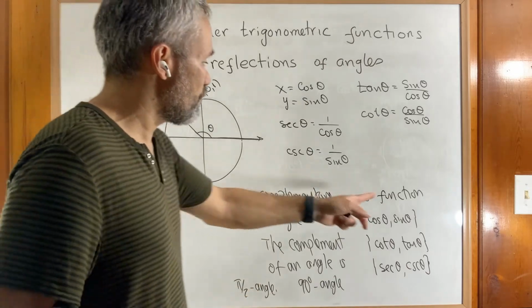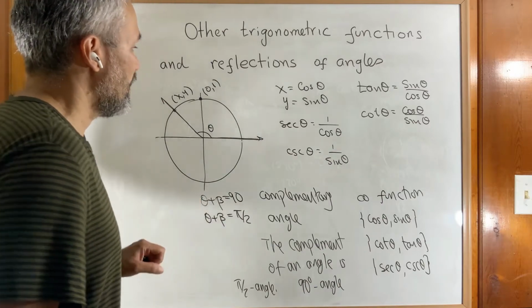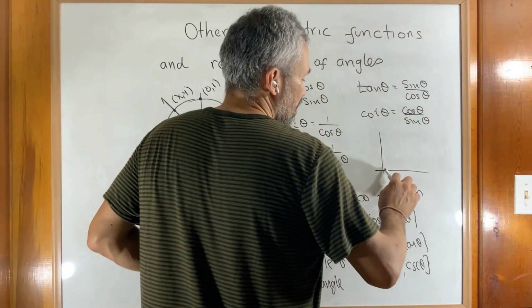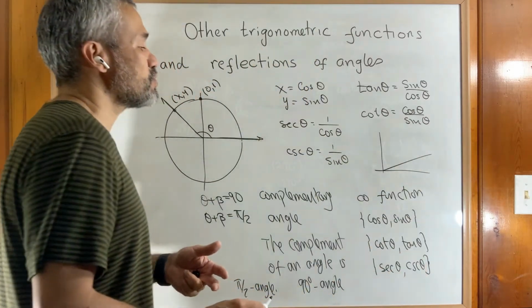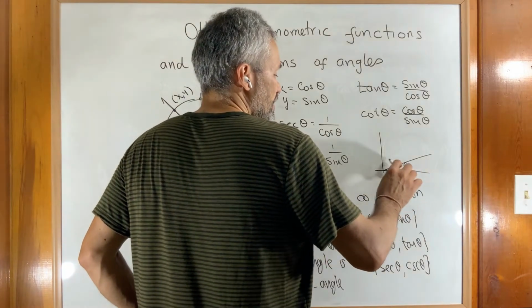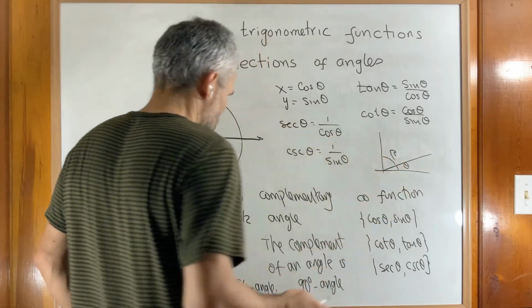Then we have the notion of cofunction, and we have the notion of complementary angles. A picture of complementary angles, if they are acute angles, those that are smaller than 90 and bigger than 0: if this is theta, the complement is this one. The sum is 90.